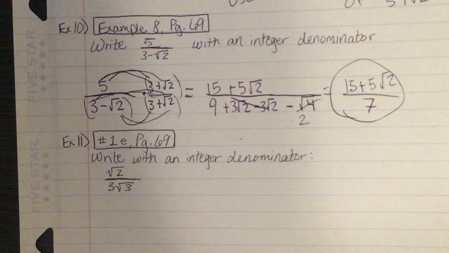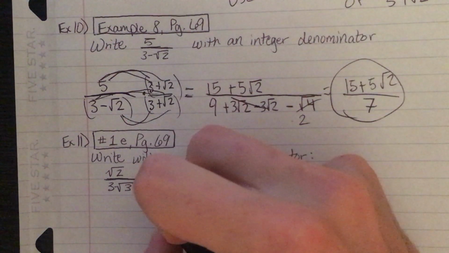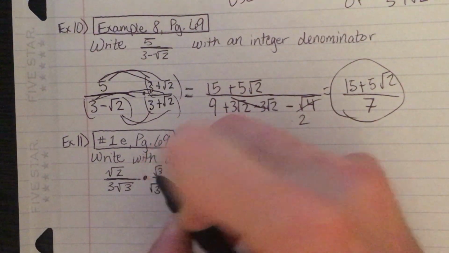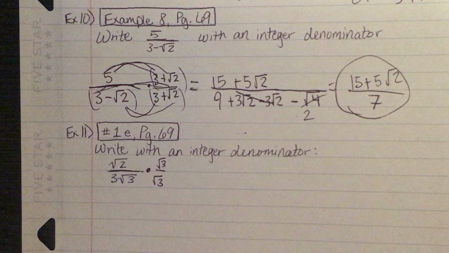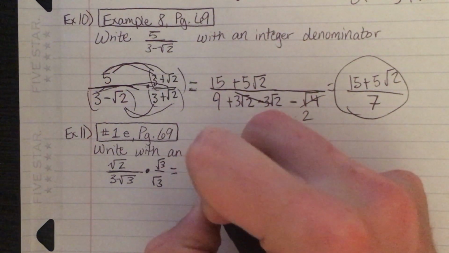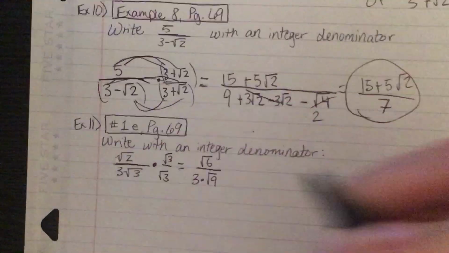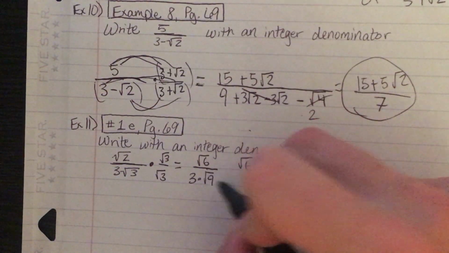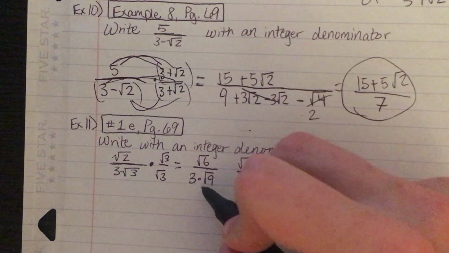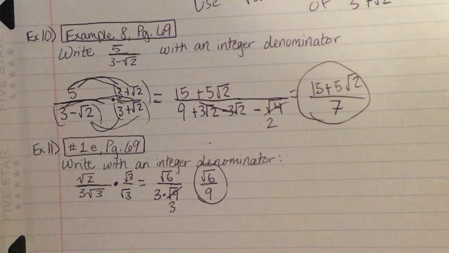So to get rid of a square root of 3, all that you have to do is multiply by the square root of 3 on the top and the bottom. That's going to give us the square root of 6 over 3 times the square root of 9, which again, the square root of 9 is 3. So this is going to give us the square root of 6 over 3 times 3, which is 9, just to really send that out.